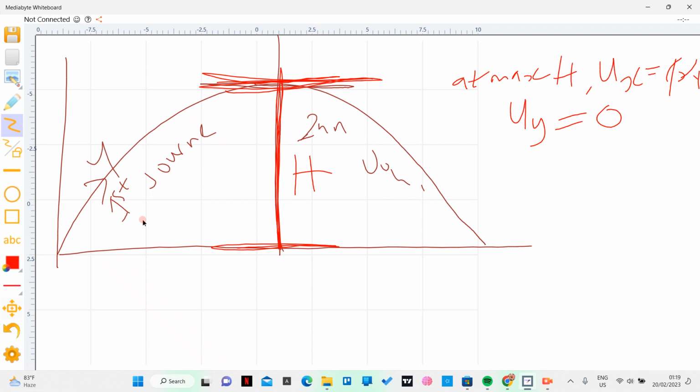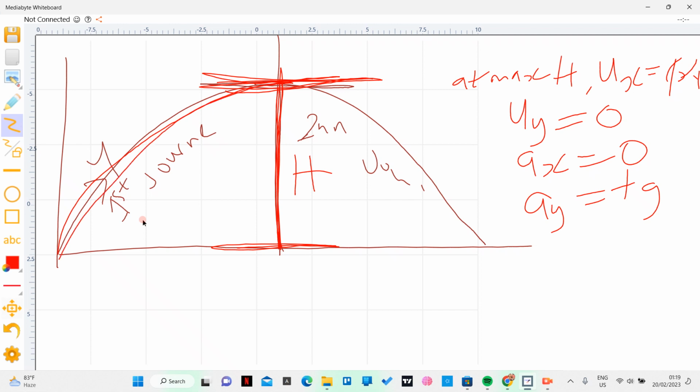Now let's talk about the acceleration. Your horizontal acceleration still remains 0, while your vertical acceleration changes from minus g to plus g. As I said before, all through this first journey the vertical acceleration was minus g because the object is moving up against gravity, while all through the second journey it becomes plus g. So the point at which minus g changes to plus g is at the maximum height.